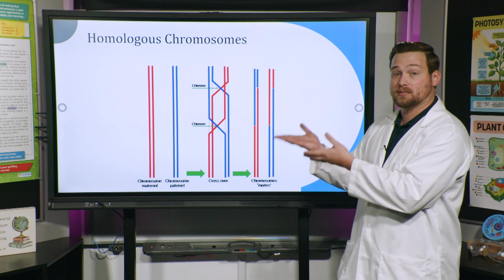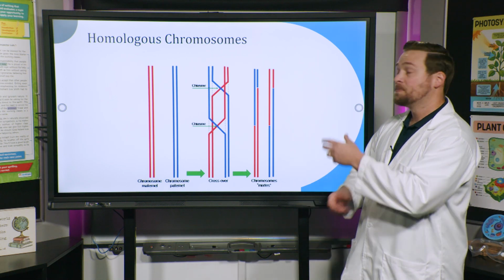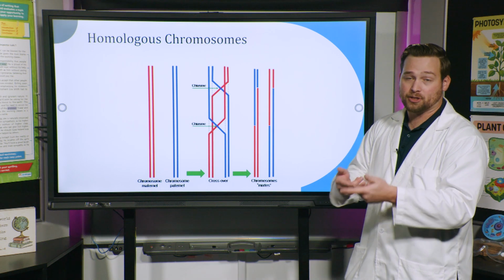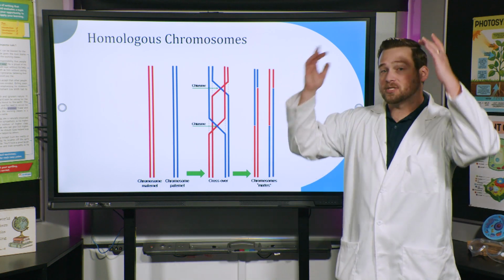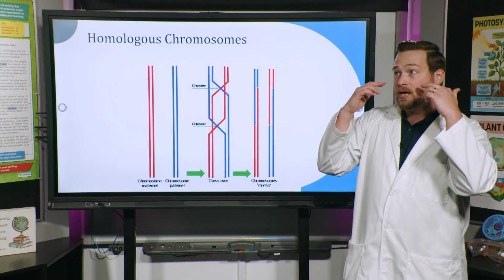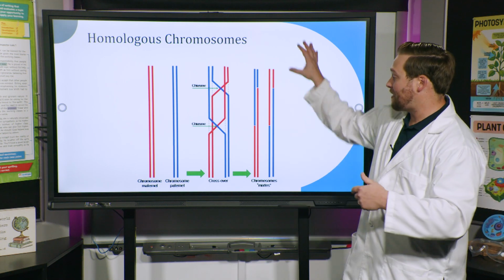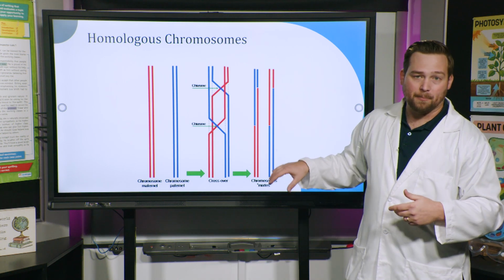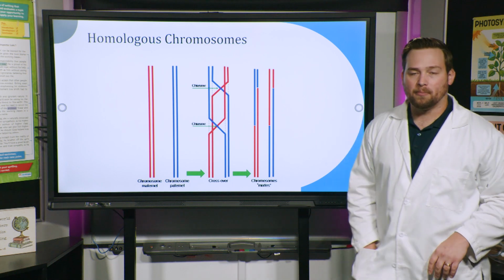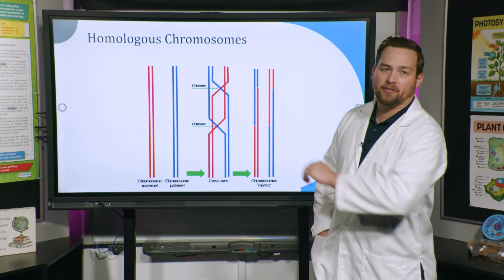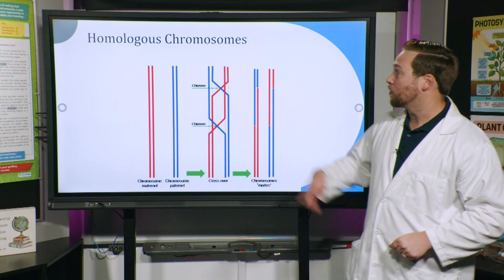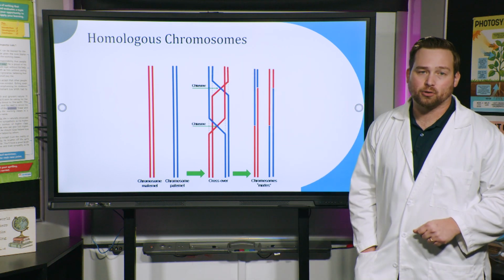It's because of this process called crossing over. It shuffles all the information up. You might have your mom's hair and your mom's eyes, but your sister might have your dad's hair and your dad's eyes. And that's because we shuffled the information up here. I know that's kind of confusing, but it'll make more sense later on. Just remember that this process is called crossing over, and it happens between homologous chromosomes.